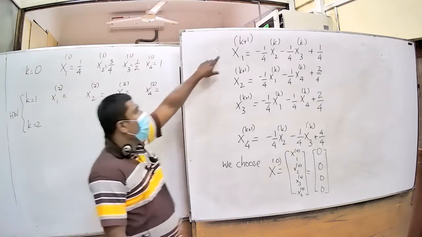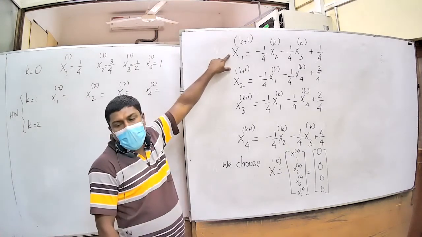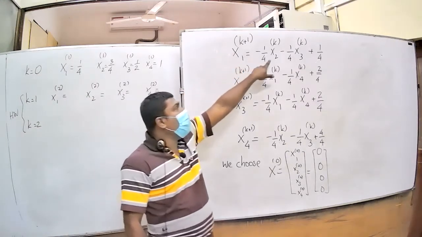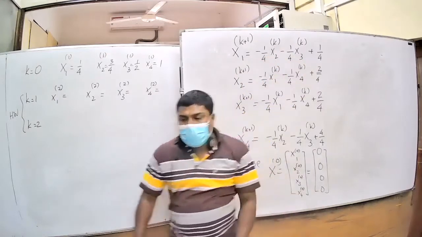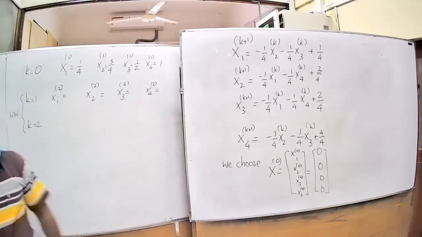Because when you are finding this x1 1, there is no x2 1 here, only the previous iterations.